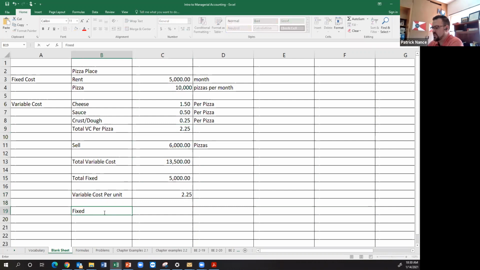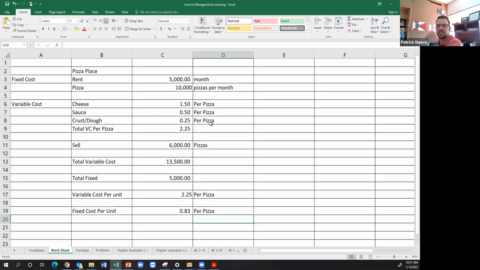And my fixed cost per unit: I'm taking the 5,000 divided by 6,000, so 83.3 cents. So these would both be per pizza.